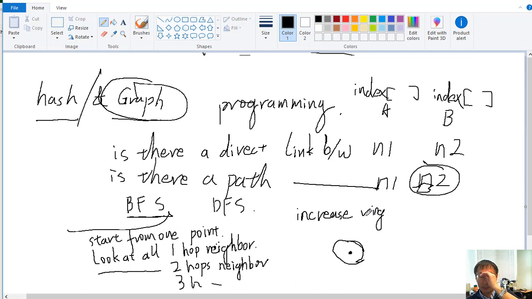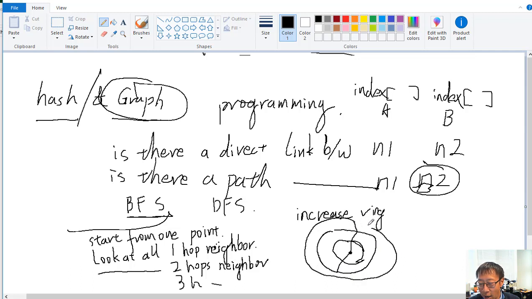But somebody will be 75 meters from me. So what do I do? I will ask my one hop neighbor to re-shout for me. Are you there? And my one hop neighbor will repeat what I just said. Are you there? Now it can reach 100 meters. That's a 2 hop neighbor. So basically a BFS is doing an increasing ring search.